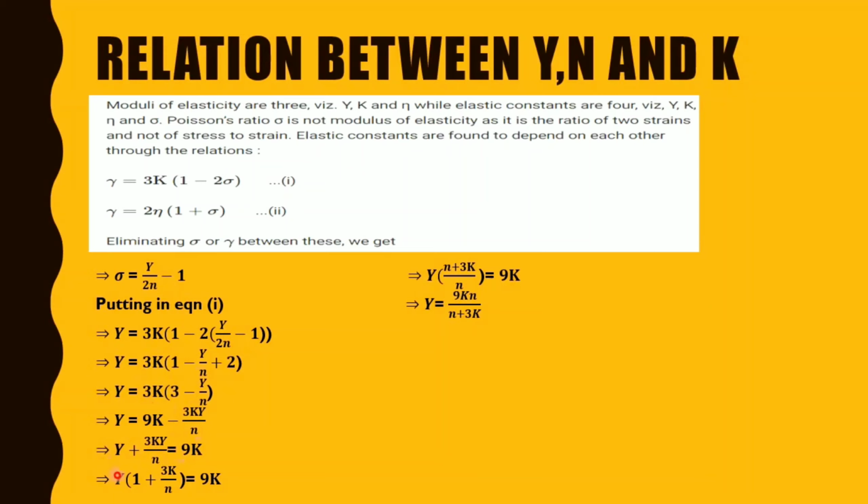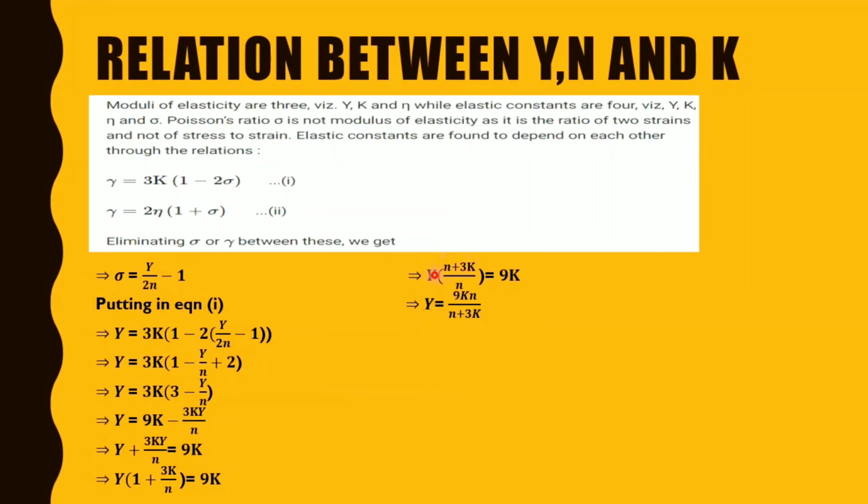Now we will take Y in common. So Y bracket 1 plus 3k by eta, we got 3k by eta, equal to 9k. Now we will take the LCM, we will take eta as a whole and we go this side, that is eta plus 3k.